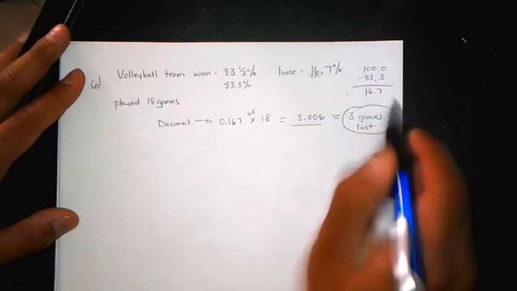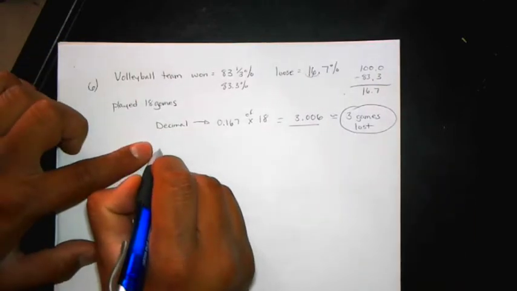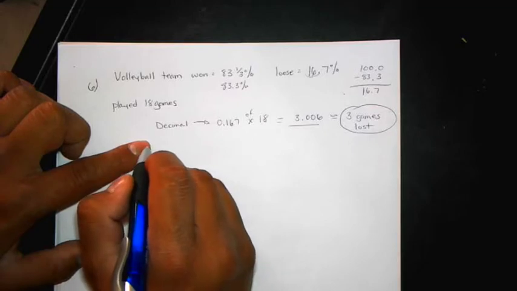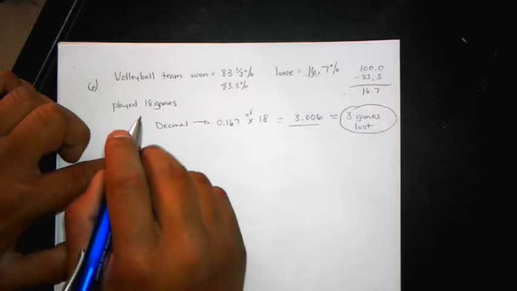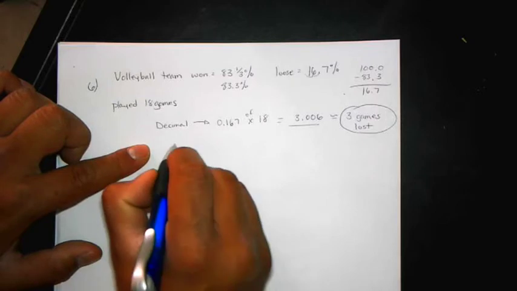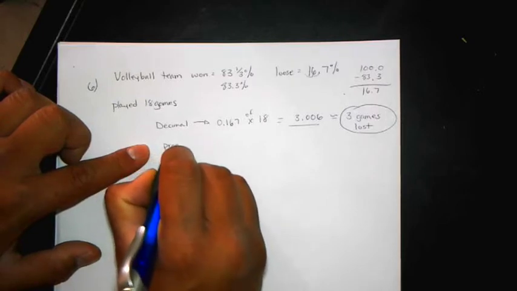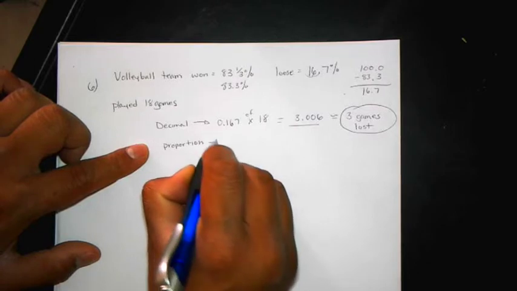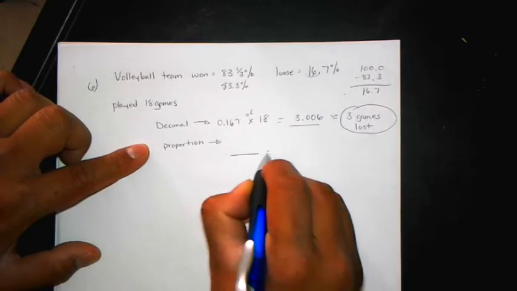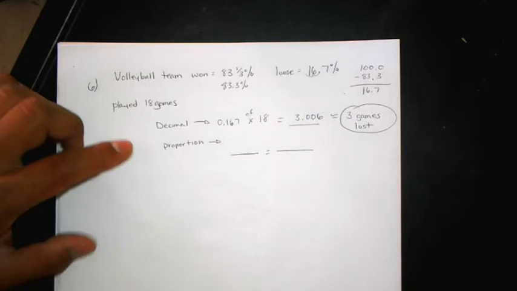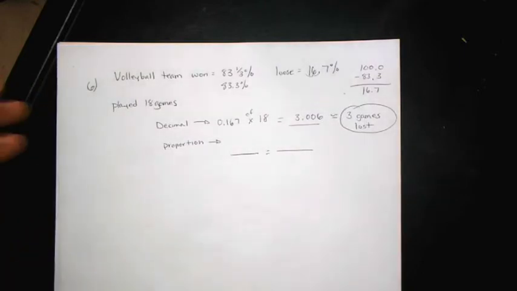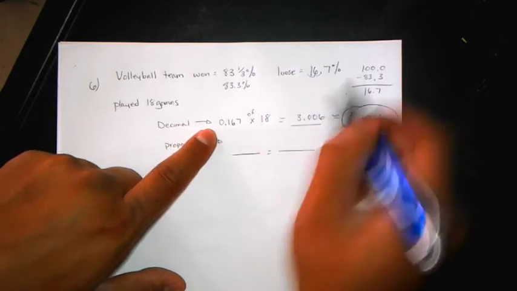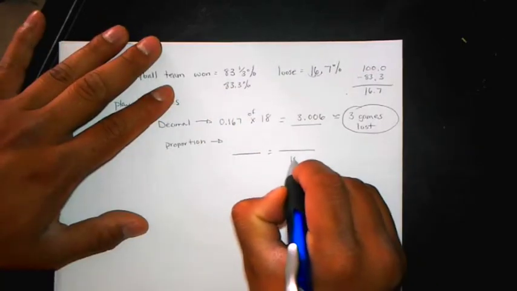Now, like I said, I'm going to show you different ways. The second way I'm going to show you is through a proportion. Okay, so I'm going to show you how to do this as a proportion. Now I know that in a proportion my setup looks like this. I've been teaching you that for the past year. Okay, and I know that if I'm going to deal with percent, okay, I know it's going to be out of 100.